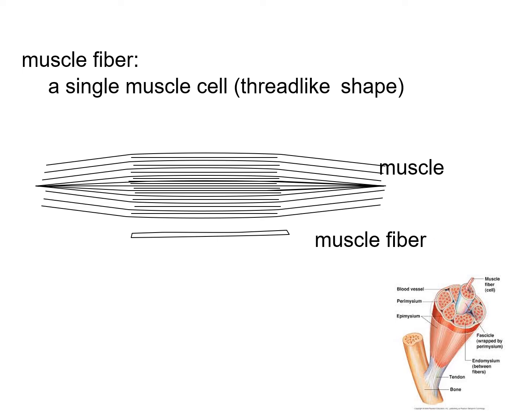A muscle fiber is a single muscle cell that's kind of thread-like. That muscle fiber consists of our filaments, our myosin and actin filaments. This muscle fiber is encased in what we consider the fascicle, which is wrapped by a perimysium. So we have multiple muscle fibers wrapped and grouped together.